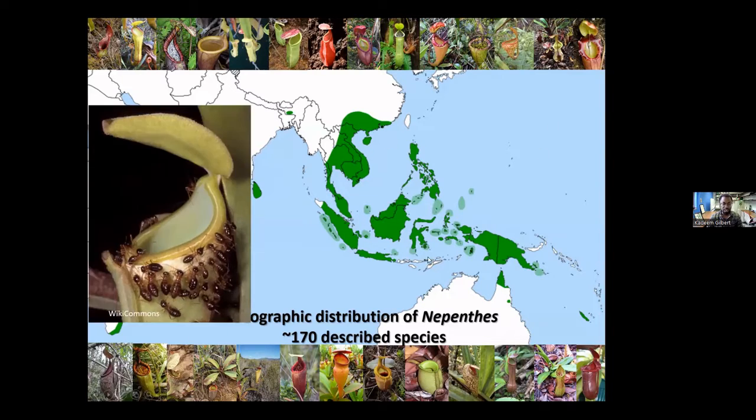So for instance, we have Nepenthes alba marginata, which has this ring of white trichomes along the collar that it uses to attract almost exclusively termites, in contrast to most other Nepenthes, which largely eat ants.